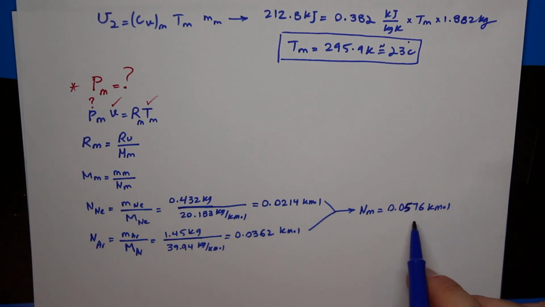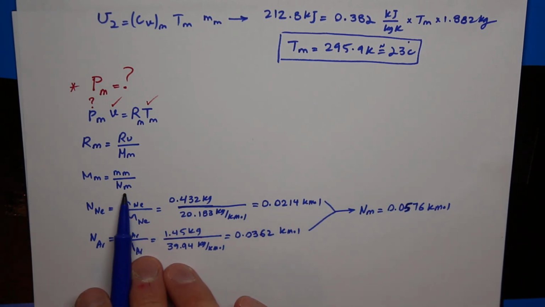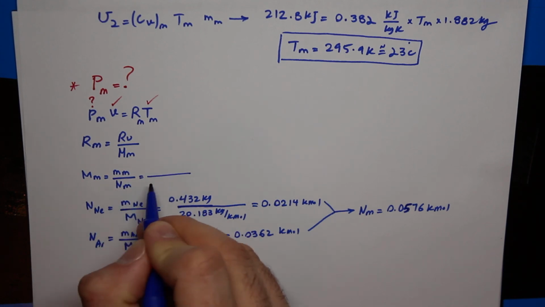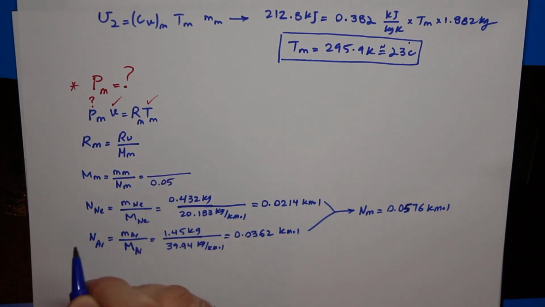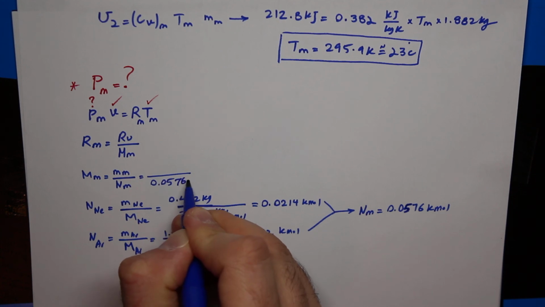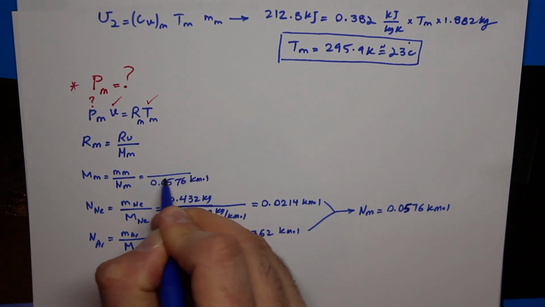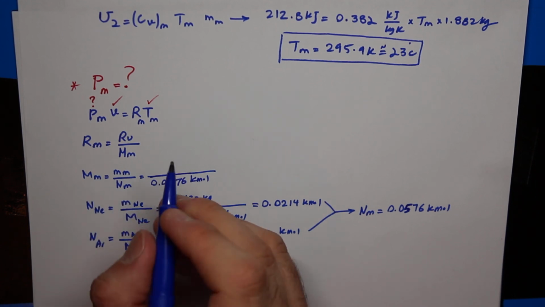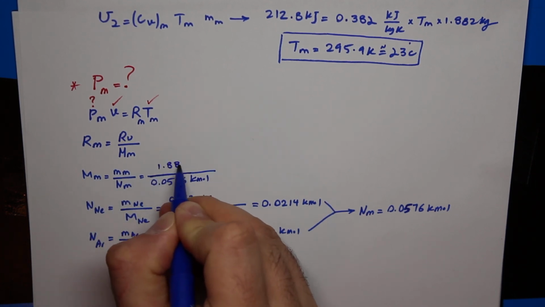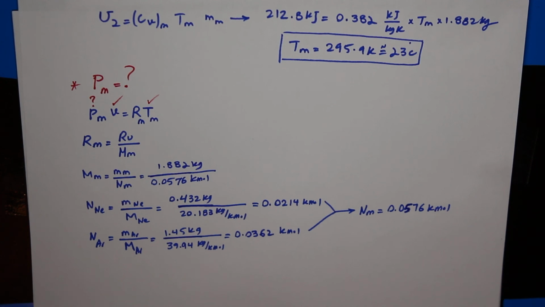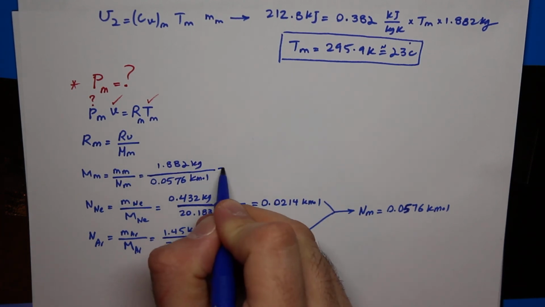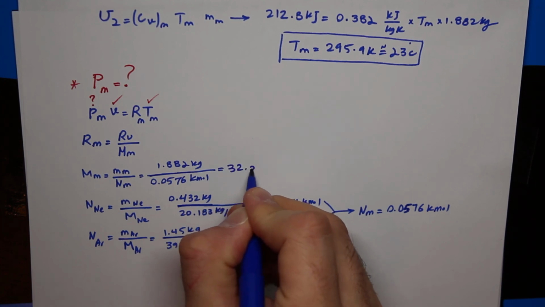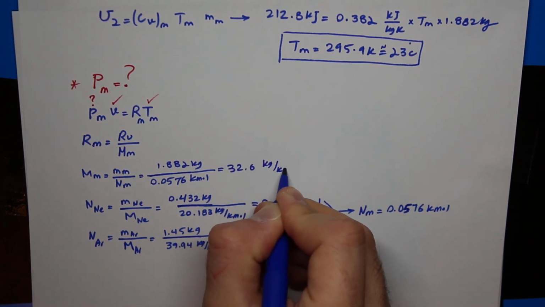So that number comes into here. This is my Nm. So my denominator is 0.0576 kilomole, and my mass of the mixture is in fact 1.882 kilogram. So that gives me the molar mass of 32.6 kilogram per kilomole.